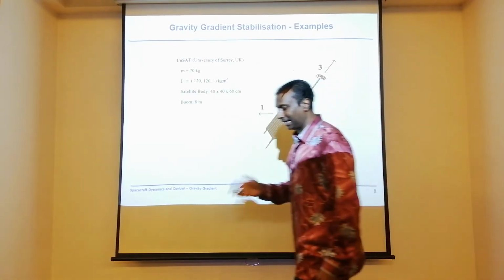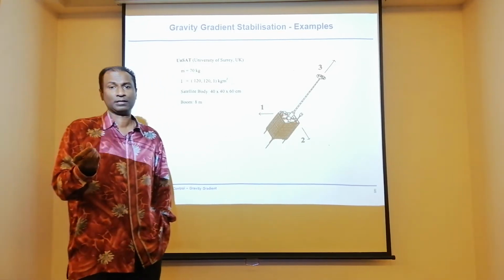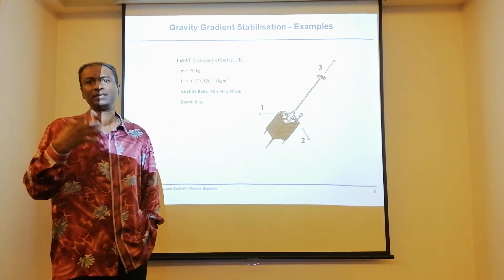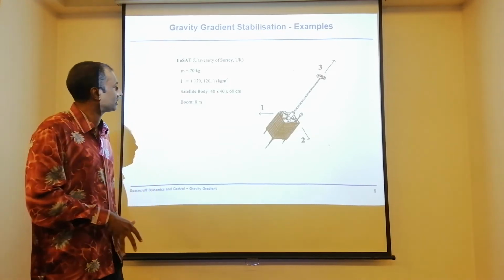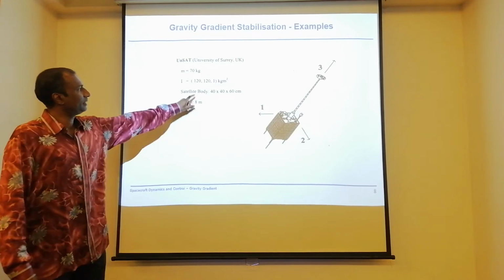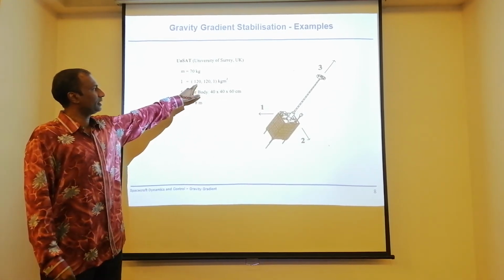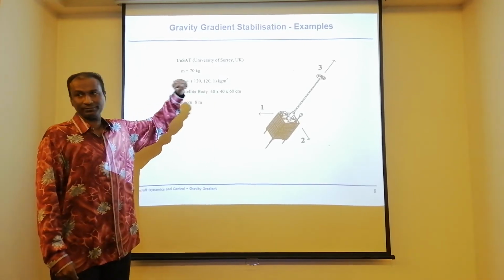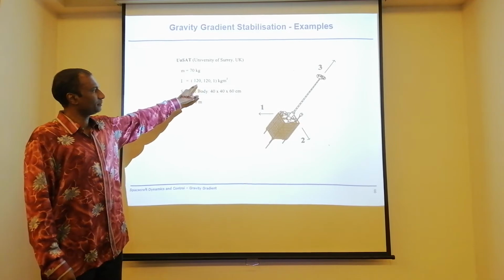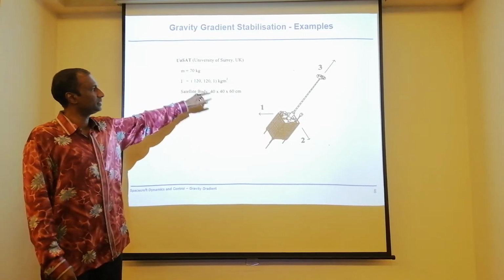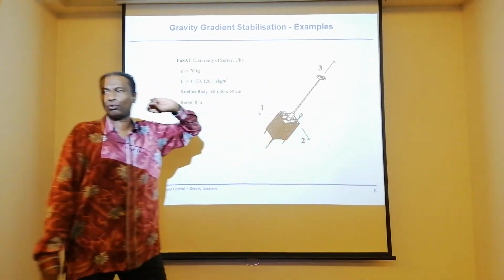I'll give you a good example of how certain small satellites have used this gravity gradient. It is a disturbance, but they have used it to stabilize their spacecraft. For example, as I mentioned just now, you have X, Y, and Z. If you look at 1, 2, and 3, the boom is basically along the yaw axis.